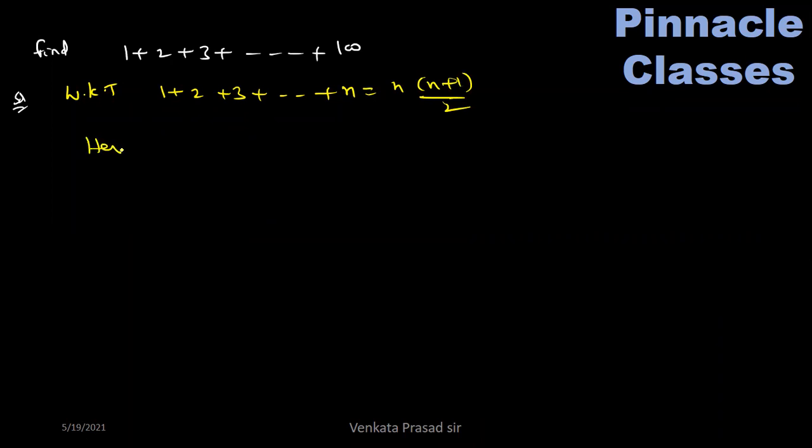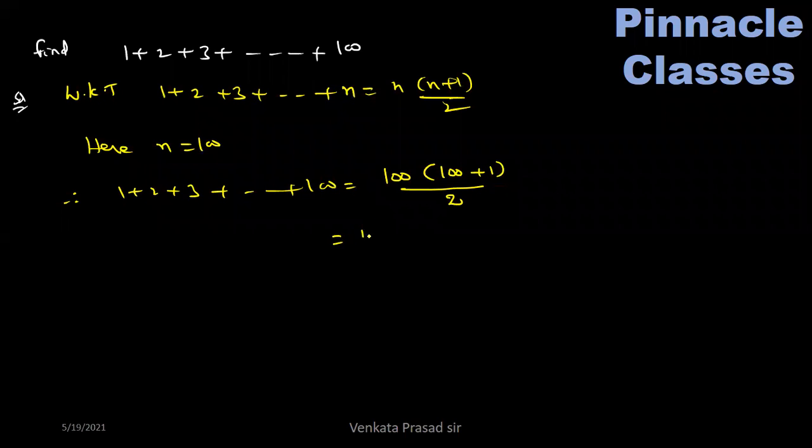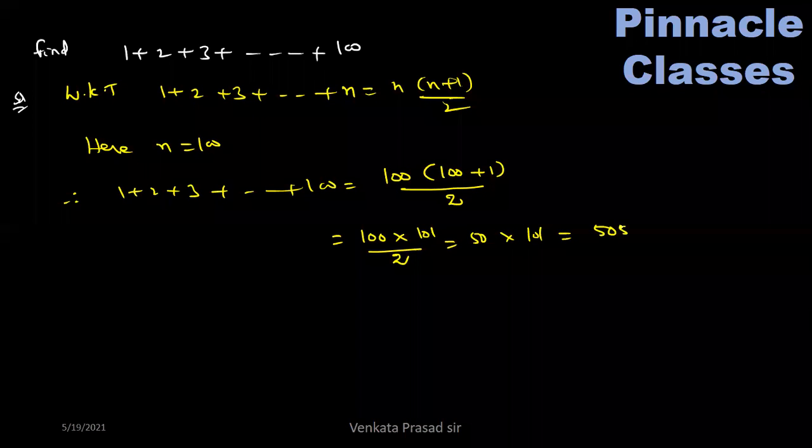Here, n is how much? 100. Therefore, 100 into 100 plus 1 by 2, 100 into 101 by 2. So 50 into 101. That is 5050.